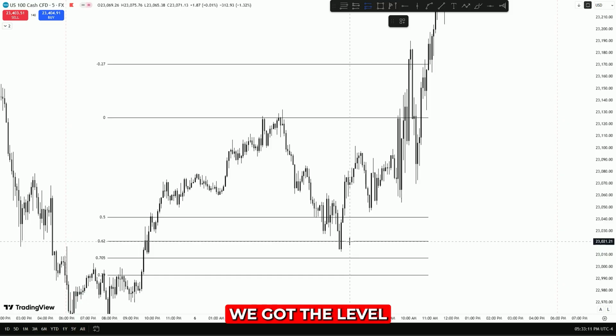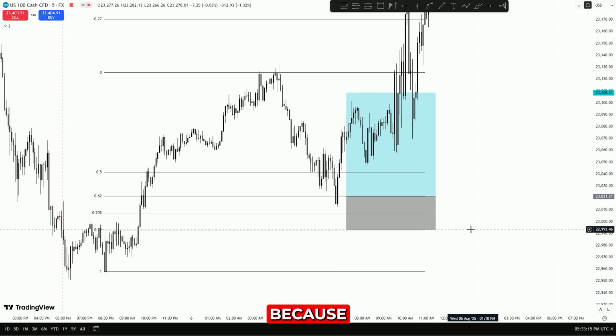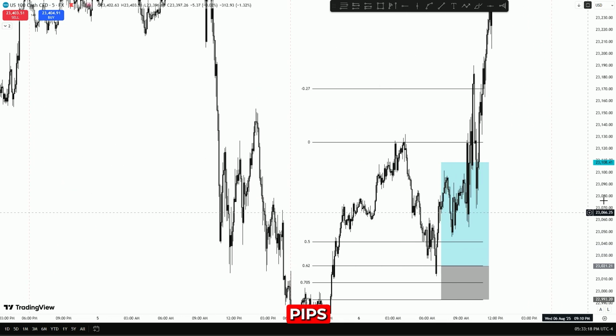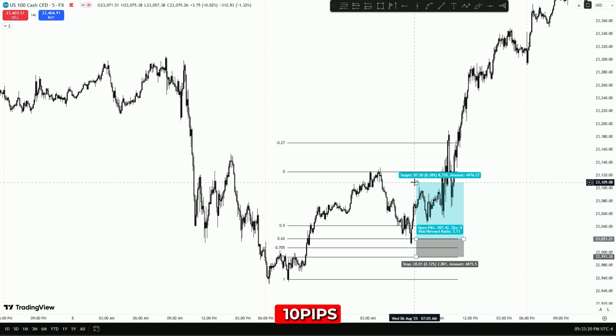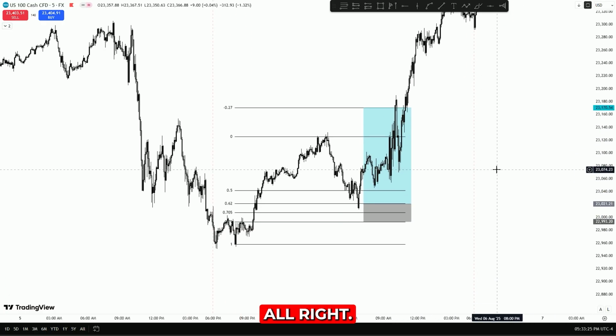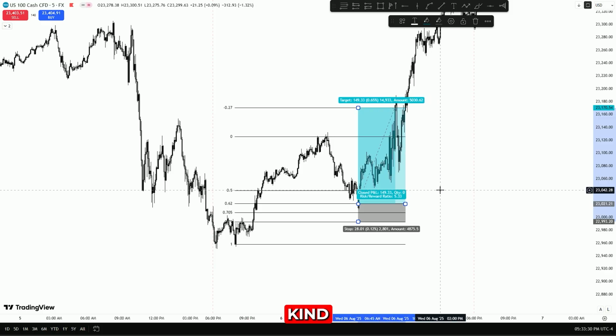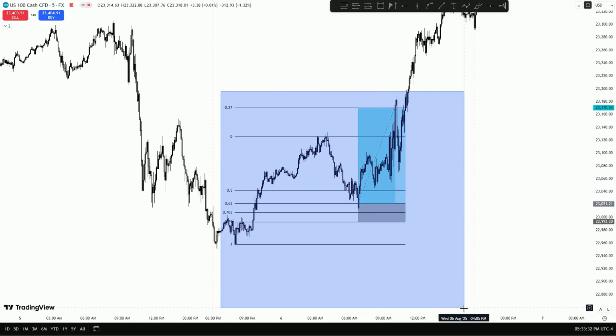We're going to place a stop somewhere around here, because this is a big stop with 28 pips. I usually go for 10 pips. You can target this high, or as I said, the 0.27 level. Now you can see you got 149 pips again, which is a banging trade.